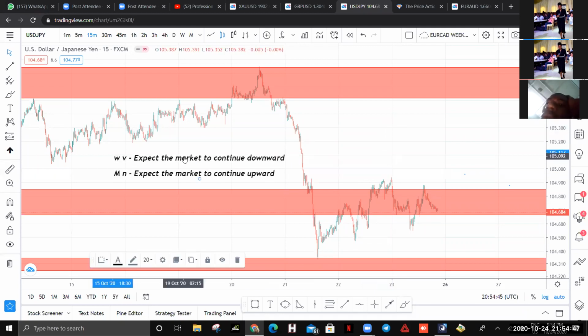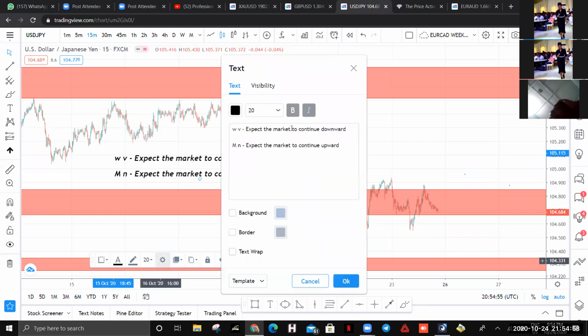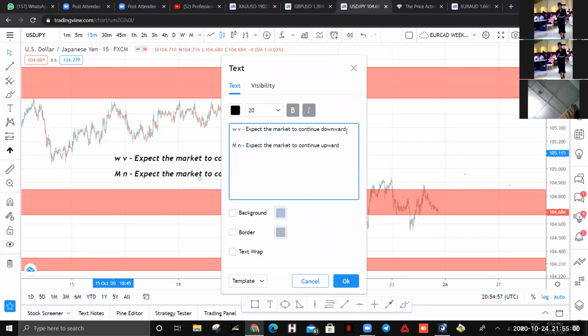Please, you understand what I mean? When you spot a V or a W, expect the market, sorry, oh my God, forgive me. I did it the other way around. Sorry, upward, and this is downward.